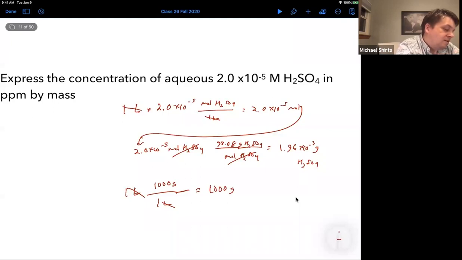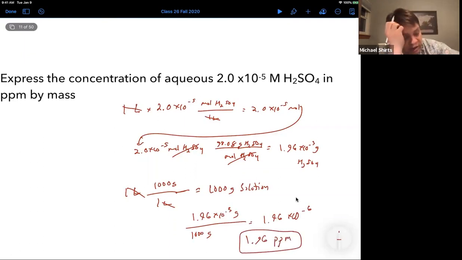So the parts is 1.96 times 10 to the minus 3 grams divided by 1,000 grams. And that is 1.96 times 10 to the minus 6. So it's 1.96 parts per million. So this solution, which is 2.0 times 10 to the minus 5th molar sulfuric acid, is 1.96 parts per million sulfuric acid, not that much sulfuric acid.